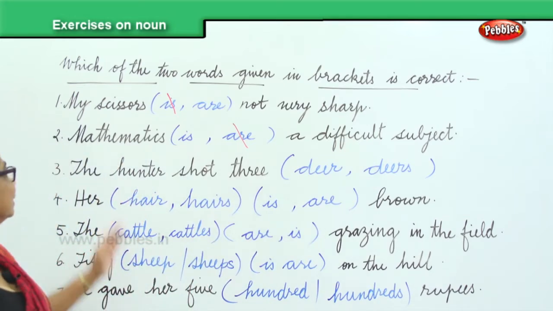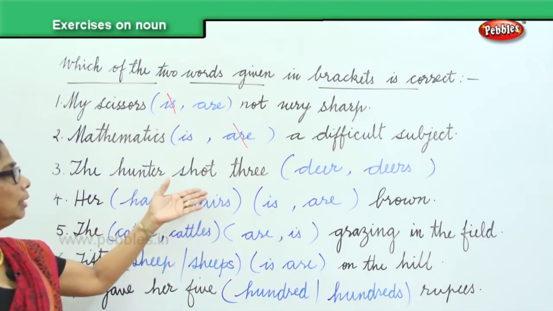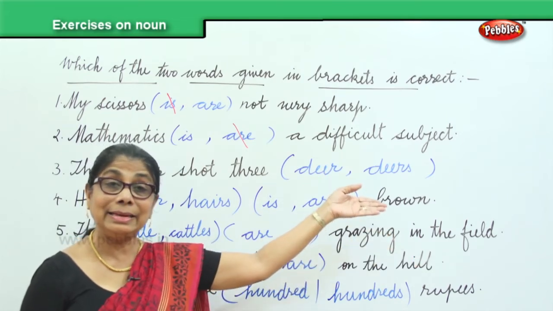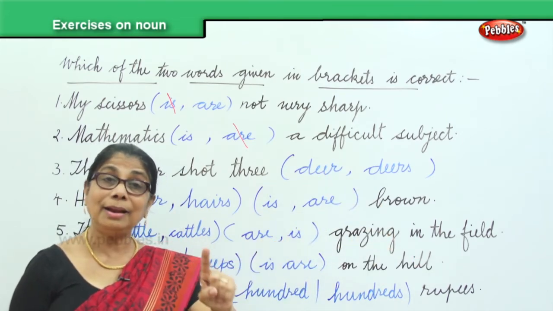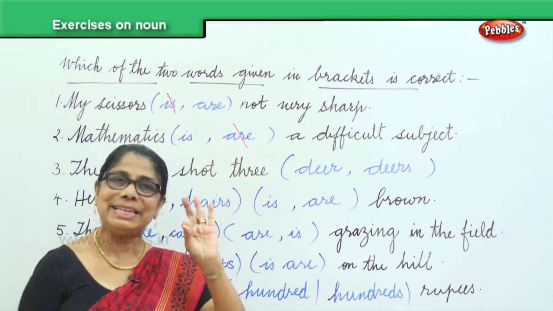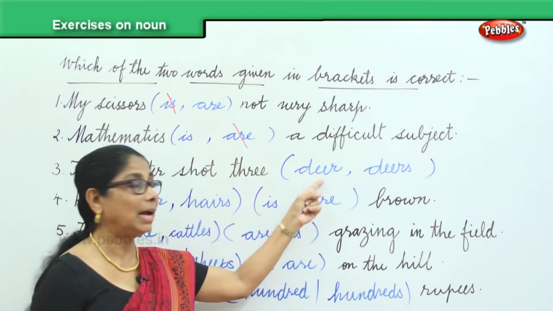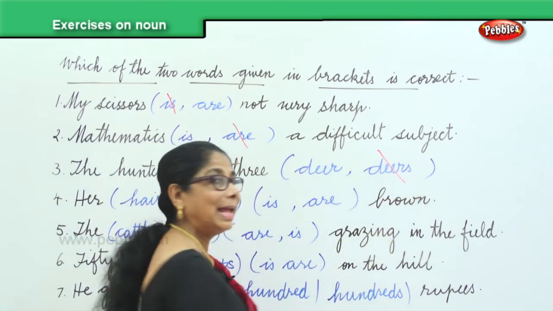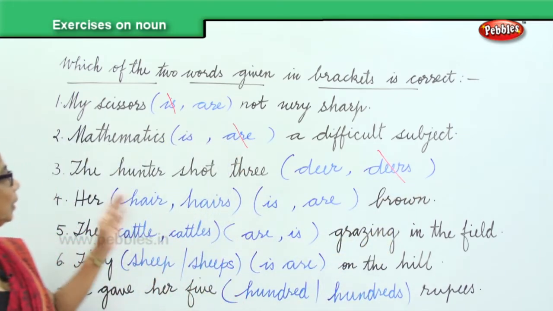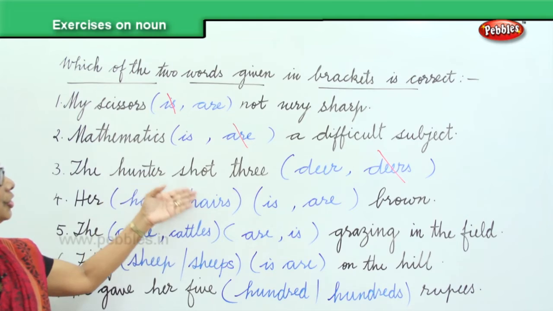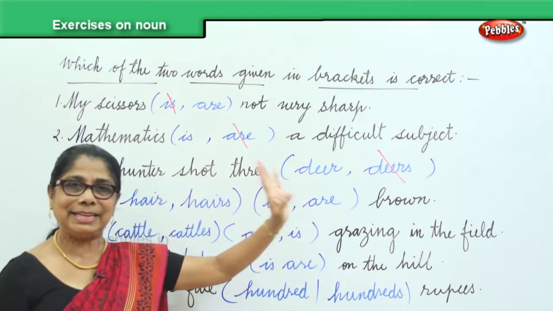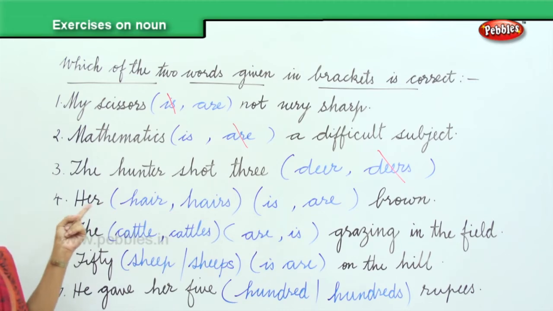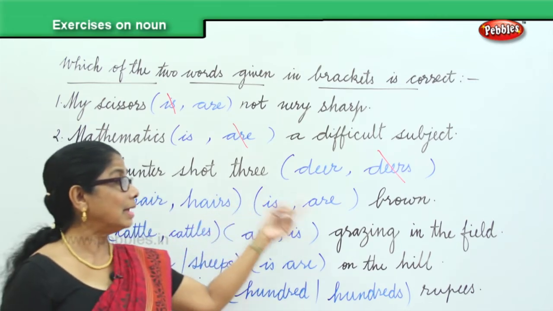Let's look at the third sentence. The hunter shot 3 deers. Whether it's 1 deer or 100, you will only say deer, because for singular and plural, we use only deer. So the second word we do not need, that is wrong. The hunter shot 3 deer. Now, her hair is brown.